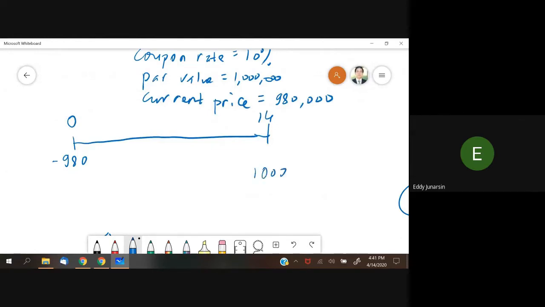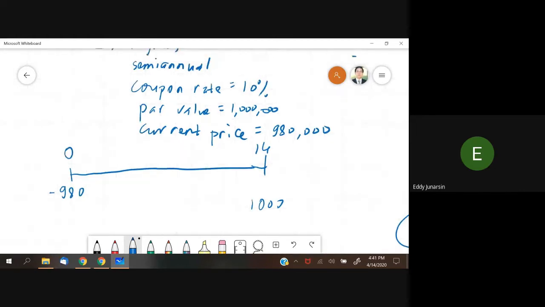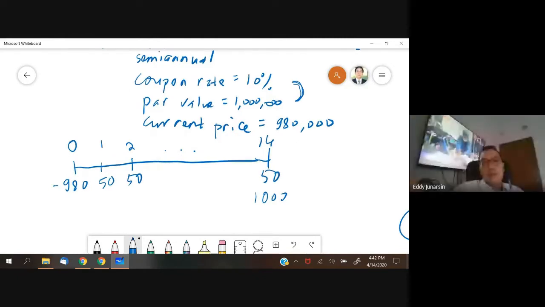And of course, the coupon rate is 10%, so 10% of 1 million is 100,000 per year, but it's paid semi-annually. So each period we get 50,000, 50,000, and so forth. At the end of period 14, we'll get 50,000 and of course the par value of 1 million.